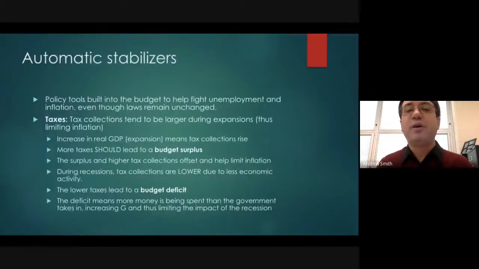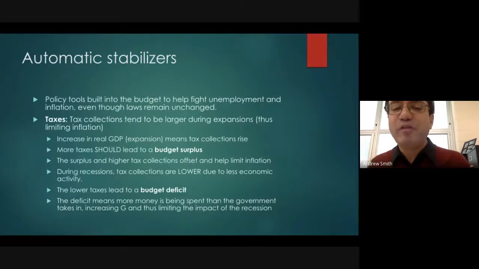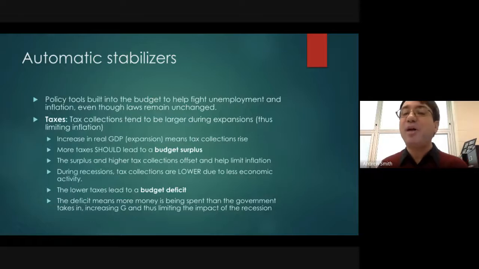Okay, so the one thing to note, taxes and government spending, but especially taxes, tend to be an automatic stabilizer to the economy. And so what that means is that taxes can kind of just in their very nature increase or decrease GDP.